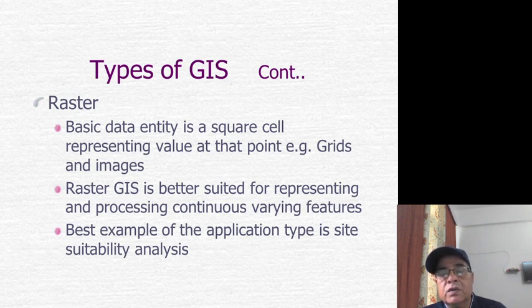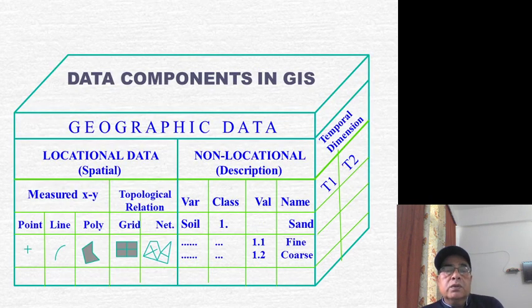So if we have features present on the surface of the earth, and we are recording them in the form of pixels arranged in row and column fashion, then we call it a satellite scene. And the best example of application type is the site suitability analysis, which I have also discussed in the first lecture, when we were talking about solid waste management. The data is represented in this slide.